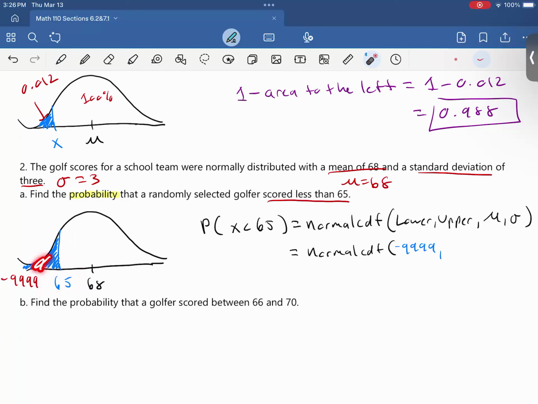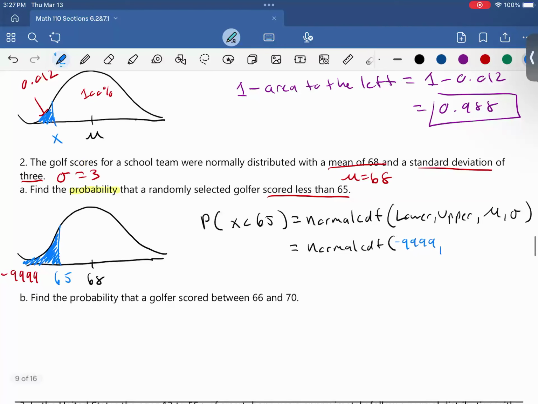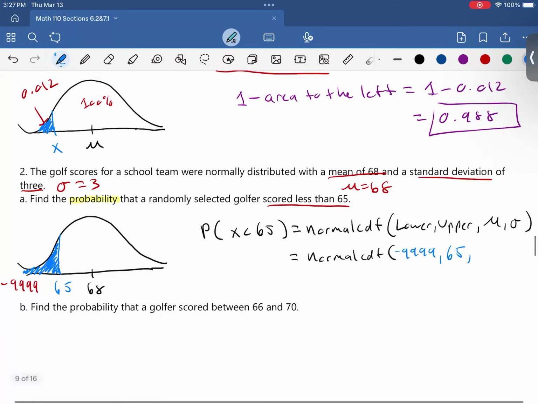That's as high as the shaded region goes, so I'm going to put 65 for my upper. And our mean is 68, and our standard deviation is 3.